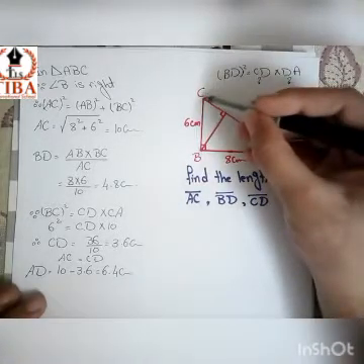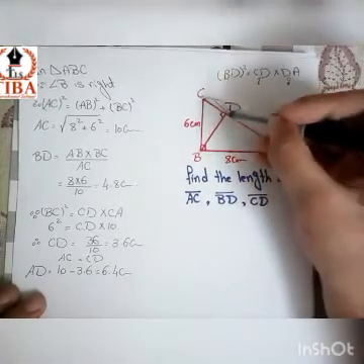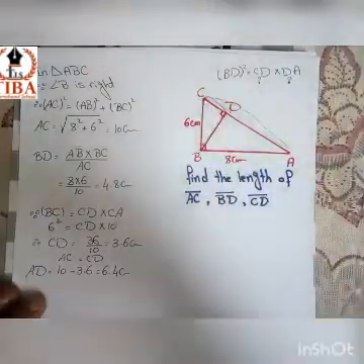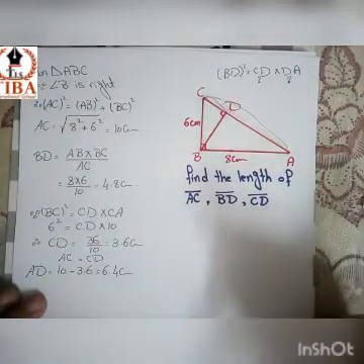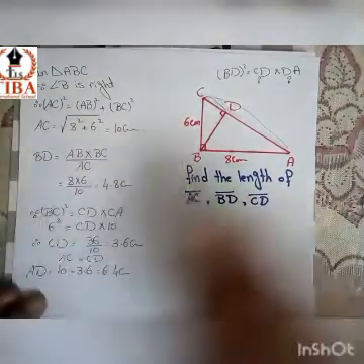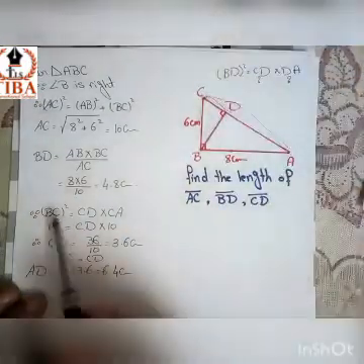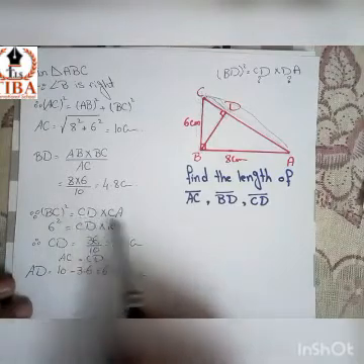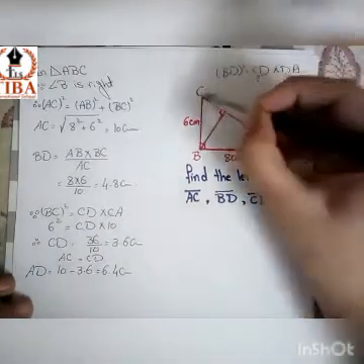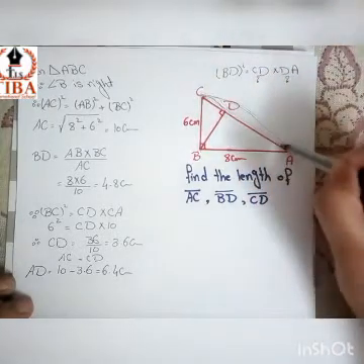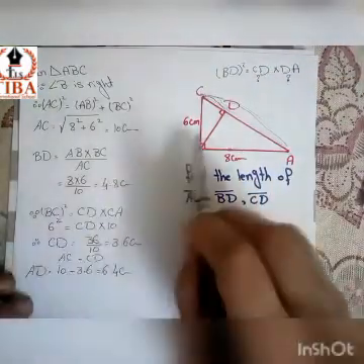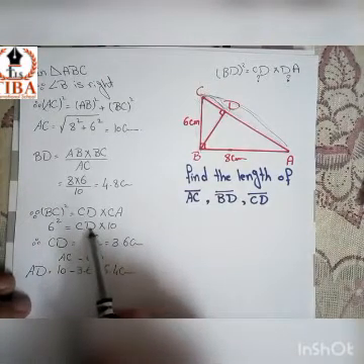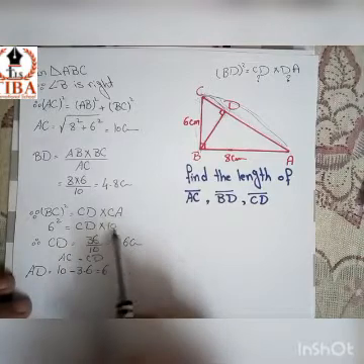The last side is CD. We have no rule to find CD directly in the Euclidean theorem or Pythagoras theorem, so we use the rule of the side BC. BC power 2, by the Euclidean theorem, equals CD times CA. So 6 power 2 equals CD, the length we want to find, times CA, which equals 10 centimeters.